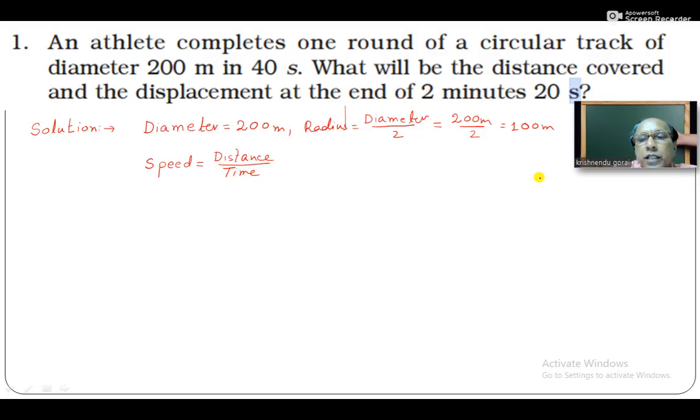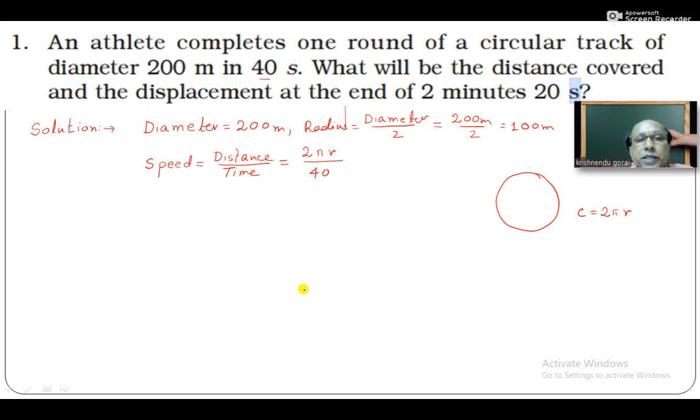Suppose the athlete runs in a circular path, then we know that circumference is 2 pi r. Now, the total distance here is 2 pi r, right, and the total time to make one round is 40 seconds.